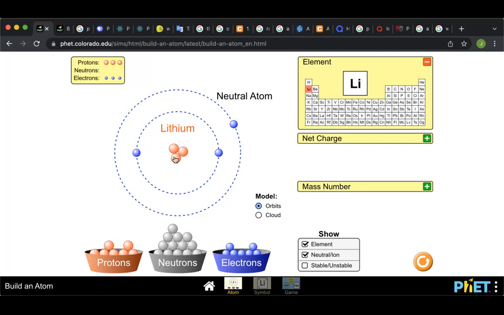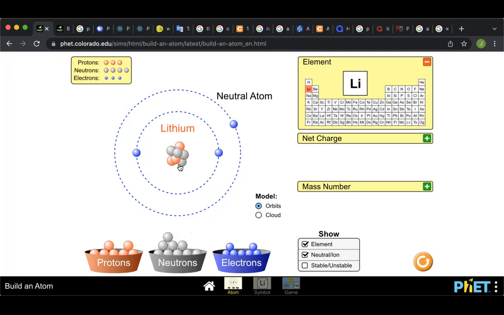But if you look at lithium on the periodic table, lithium has 3 protons, 3 electrons, and 4 neutrons in the neutral form. So at this moment, we have a lithium atom that is represented on the periodic table.